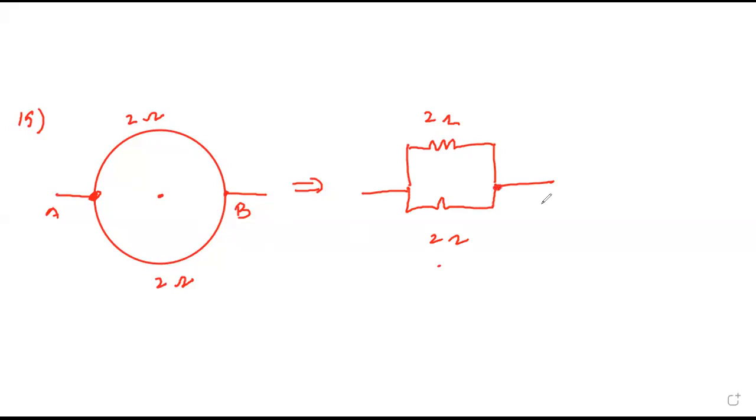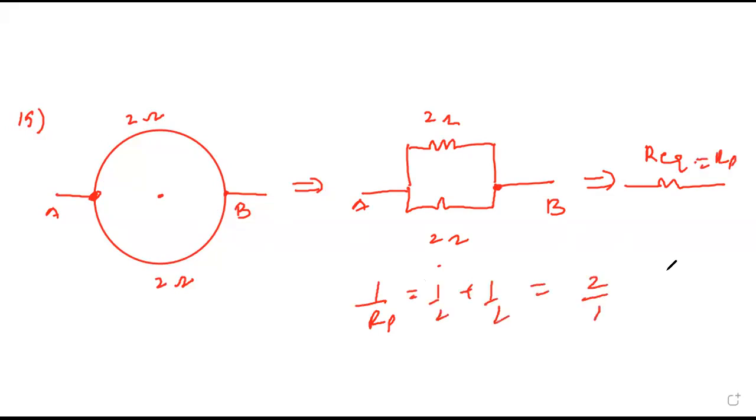Which mode of connection is this? Parallel. So 1 upon R equivalent is parallel of 2, 2, which is 1 upon 2 plus 1 upon 2, 2 upon 2, 1 upon 1. So R equivalent will be 1 ohm.